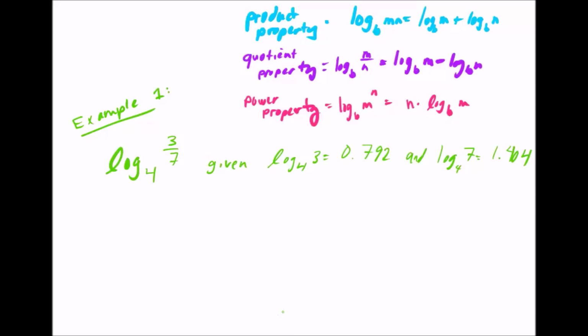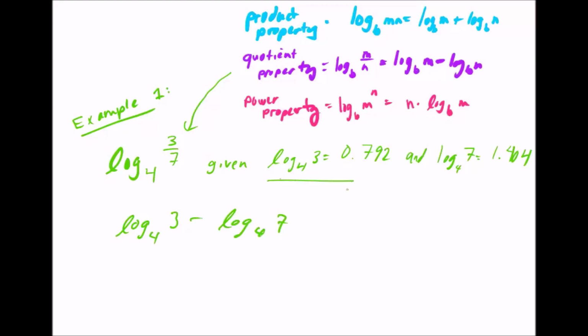The first example is something like this. It'll say find log base 4 of 3/7 given log base 4 of 3 equals 0.792 and log base 4 of 7 equals 1.404. When we see this, we know we can use the quotient property because it's division, and we can rewrite it as log base 4 of 3 minus log base 4 of 7.